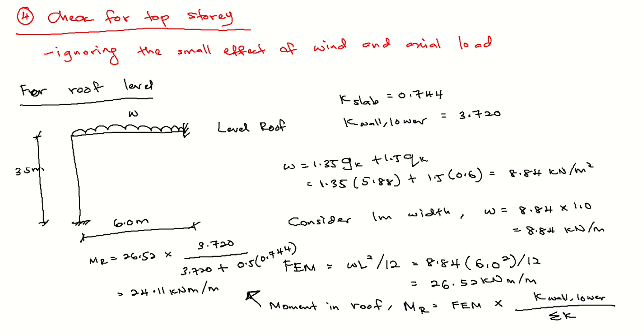Next we want to get the moment for level 4. This is roof level and this is level 4. In order to get this one, we calculated 24.11 just now, but now we want to find out the value at level 4 here.